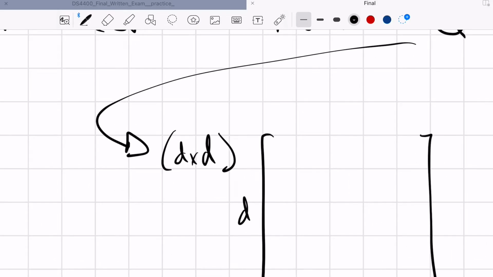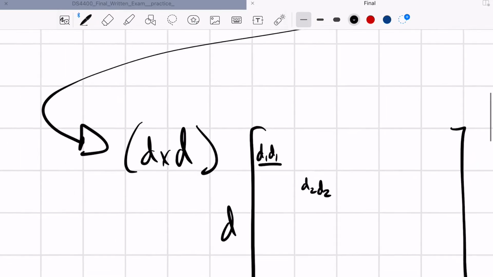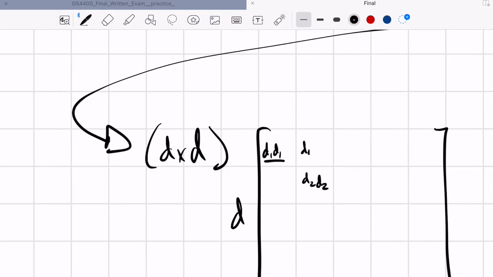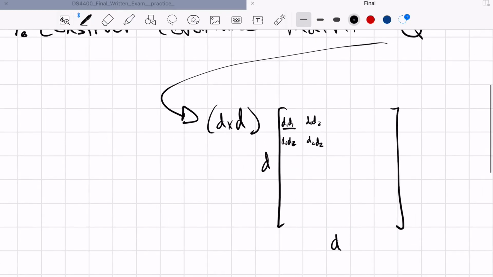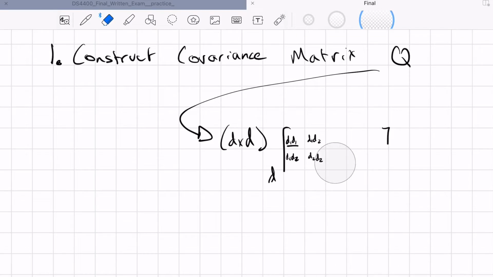Each cell in this matrix is going to be the covariance between 2 features. So the diagonals are just the variance of each of the features, but in the upper triangular and lower triangular we have covariance between different features. This captures, in some unnormalized fashion, the dependence between different features.